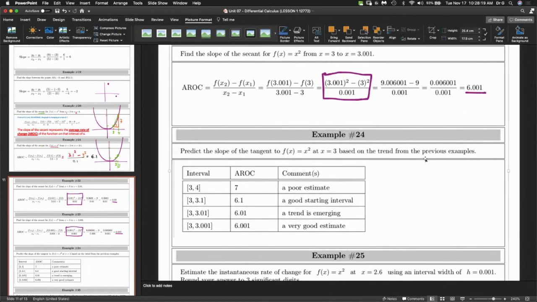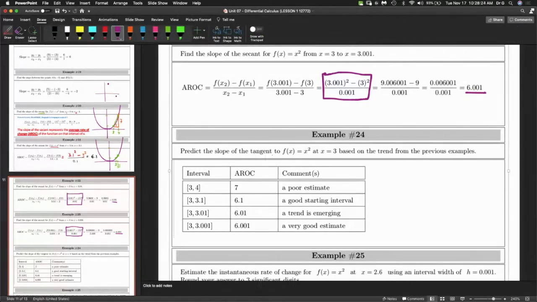What we want is the slope of the tangent at x equals 3. But it's impossible to find the slope of the tangent when you only have one point. That's why you need to use 2 points.